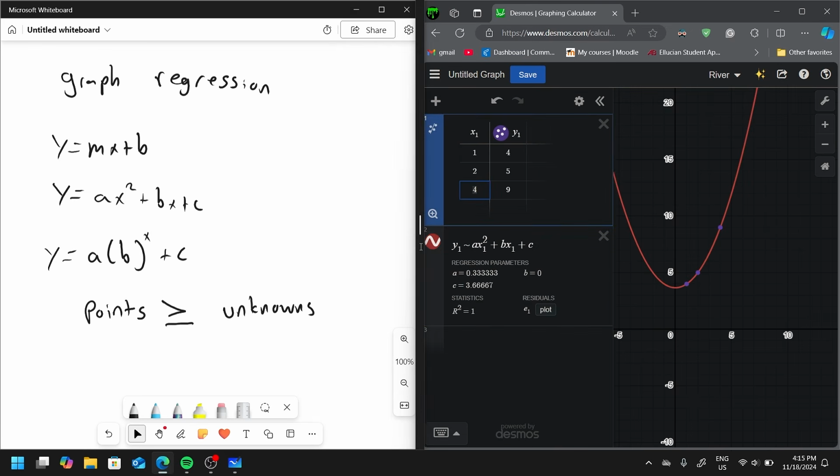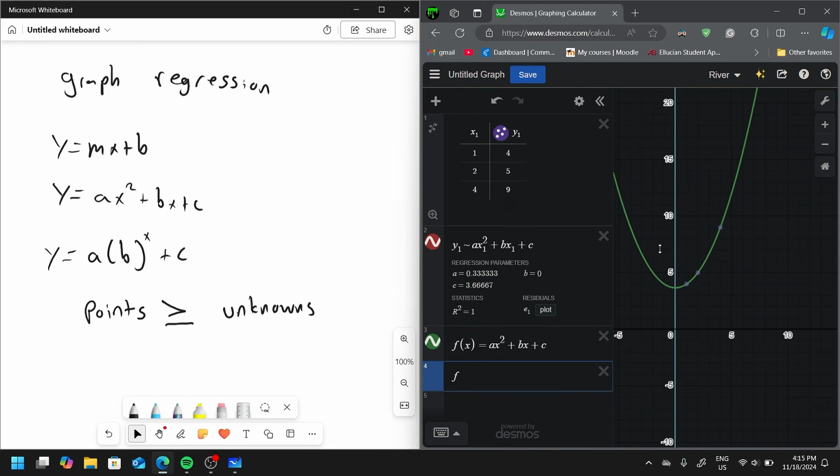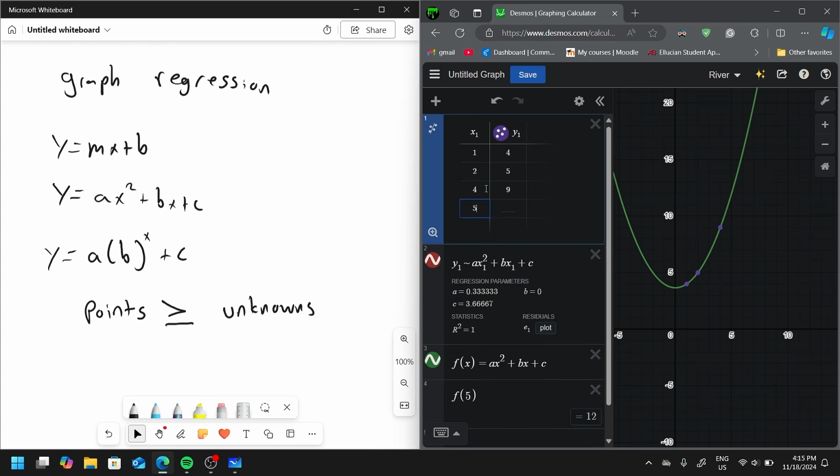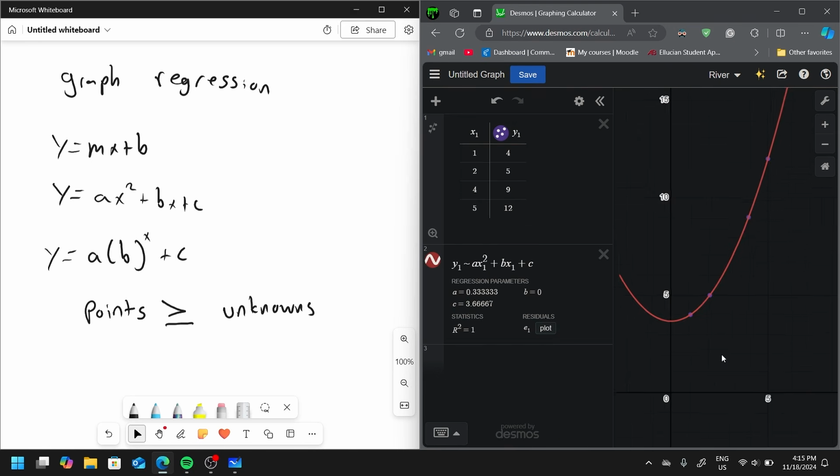But why I say greater than or equal to is, I could go down here and calculate what a third point might be. If we go f of x equals a x squared plus b x plus c, and I go now f of 5, we get 12. If I type in 5, 12 right here, you can see now we have more points than unknowns, and it still works. There's only one parabola that fits these 4 points, and it's this one right here.